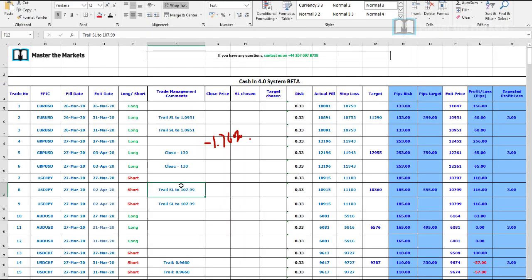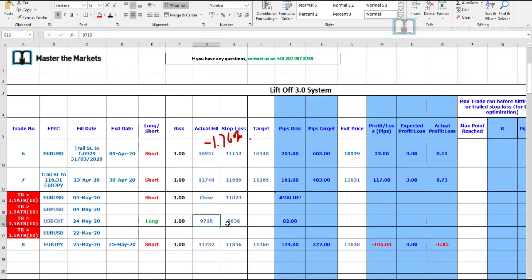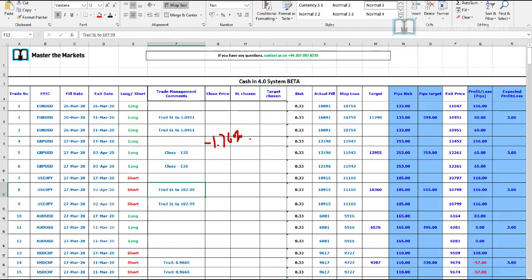In terms of our lift-off strategy, we've got minus 0.85 on Euro Yen. And in terms of Cash in 4.0, what we got is minus 3.05, something to be reviewed actually.